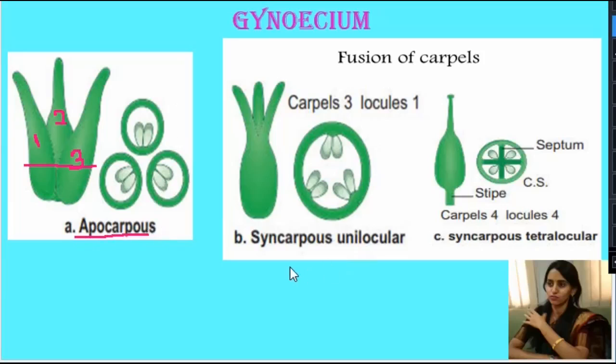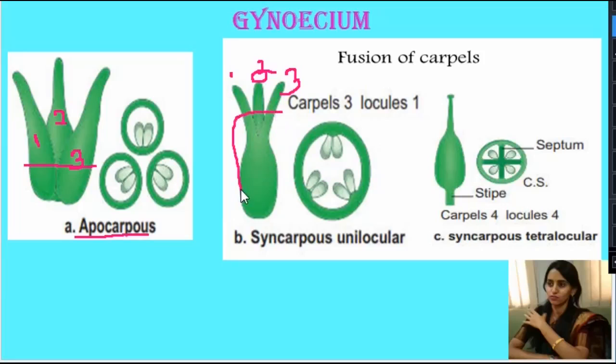Then another important term you need to remember here is syncarpous. What is syncarpous? When there are 2 or more than 2 carpels, and these carpels are fused, that condition is known as syncarpous. Look at this, here also there are 3 carpels, 1, 2 and 3. So in these 3 carpels, the ovary and style are fused.